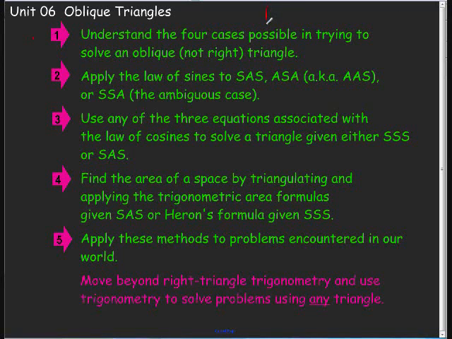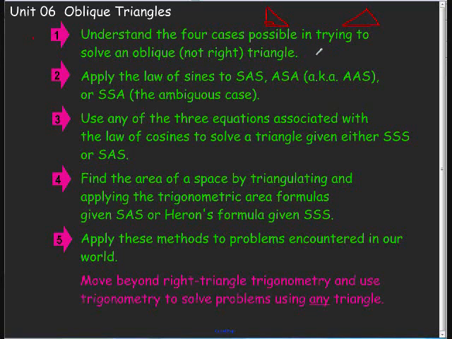We've been working throughout this semester with right triangles. We've been doing right triangle trig. It's a great way to learn trig. And now we're talking about triangles which have no right angles.